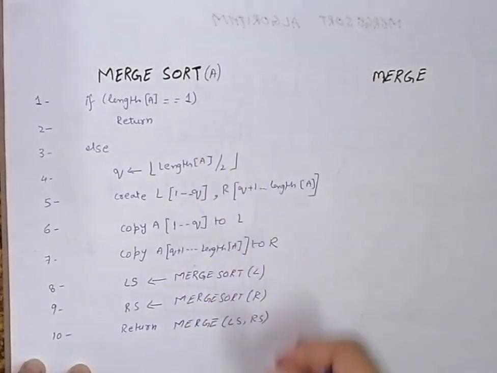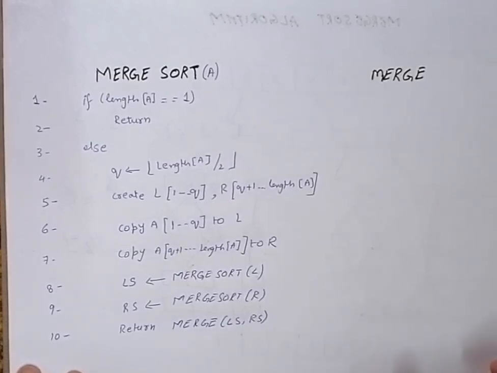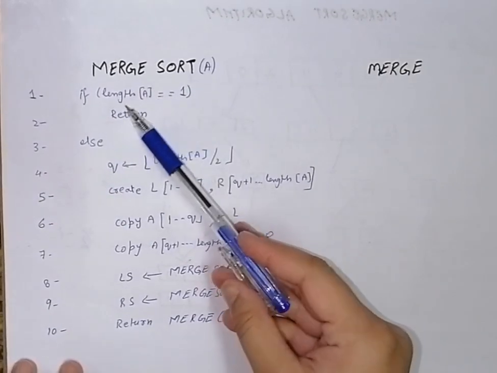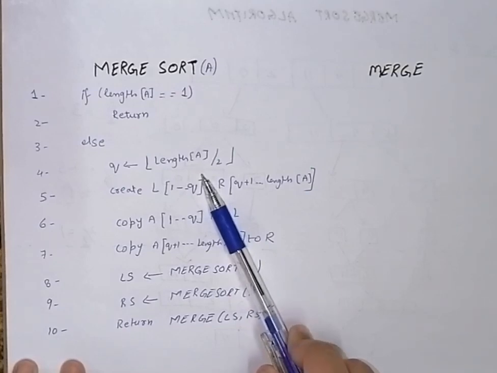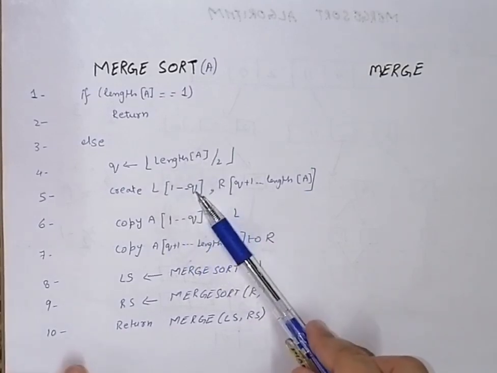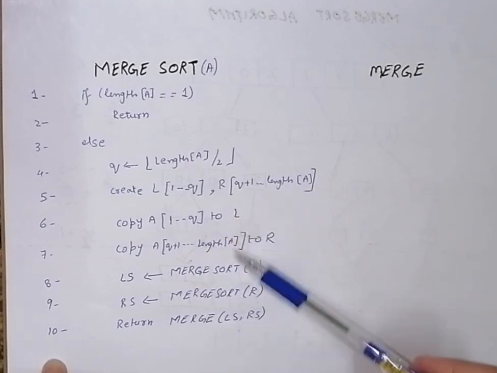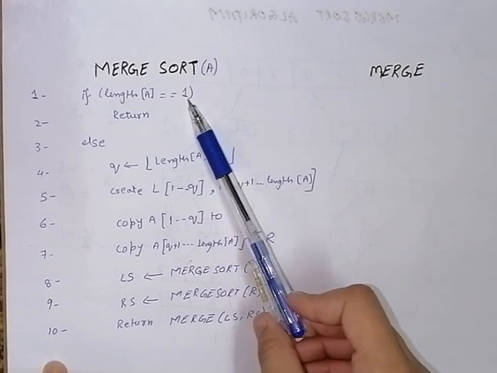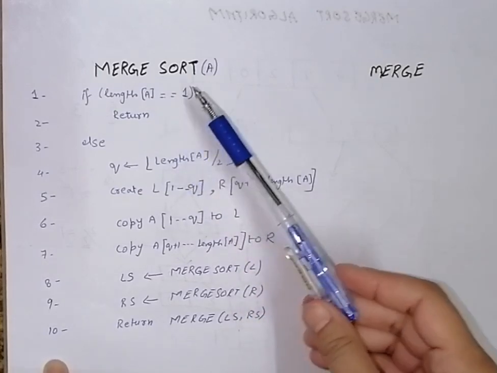So you see, this is the whole division procedure, in which we have an array, we are determining its size, and at the next step we are creating two arrays and copying one half portion to one, the other half portion to the other, and again recursively calling this again and again until we encounter the base case where the length of an array becomes 1.